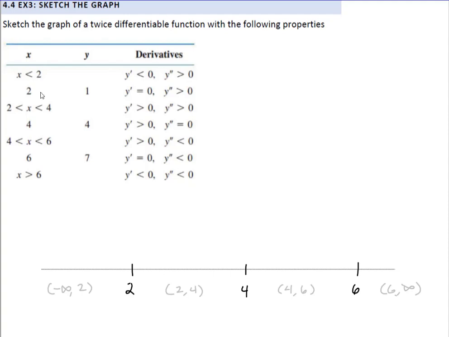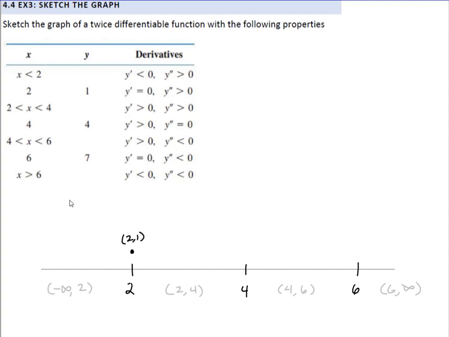Unfortunately for us, all of these output points are positive. We can think about drawing our y-axis, but that really doesn't matter so much as the curvature. So we do know we have this point. I'm going to plot over 2, up 1: there's some ordered pair, 2, 1.